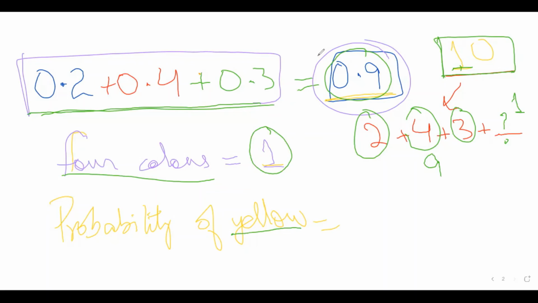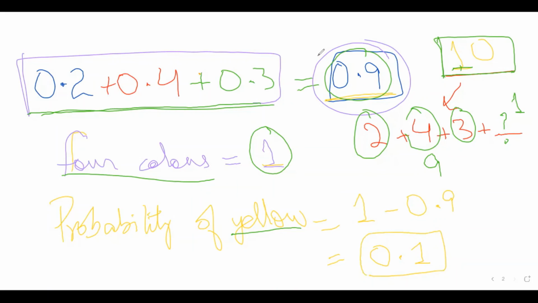How did you get the answer? 0.2 plus 0.4 plus 0.3 equals 0.9. Then 1 minus 0.9. What was the answer? 0.1.